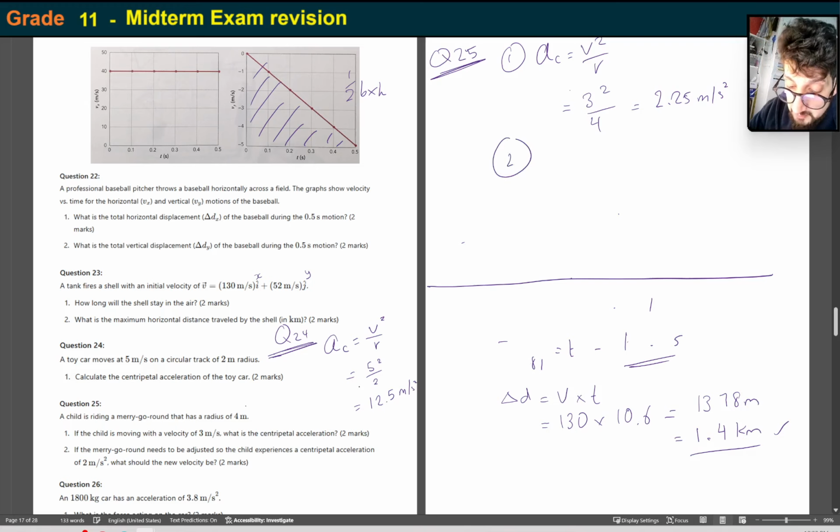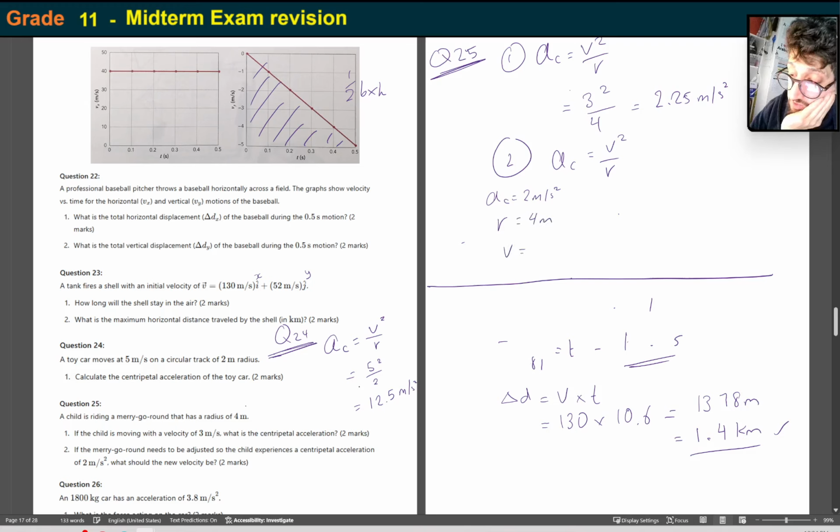The second part of the question asks, if the merry-go-round needs to be adjusted so the child experiences centripetal acceleration of 2 meters per second squared, what should the new velocity be? Okay, so I'm assuming they don't want to adjust the radius. So AC equals v squared over r. We have the same radius, radius of 4 meters, that's just from the question.